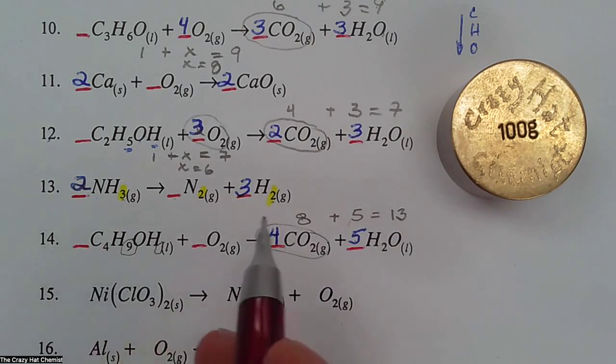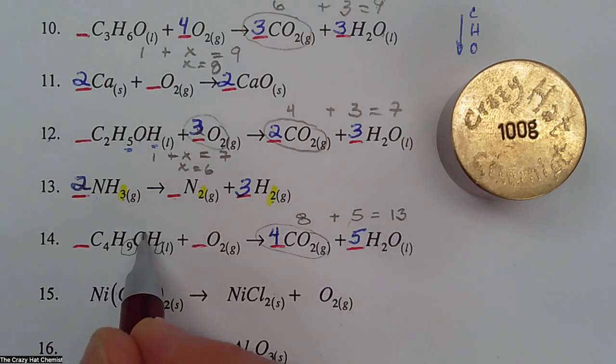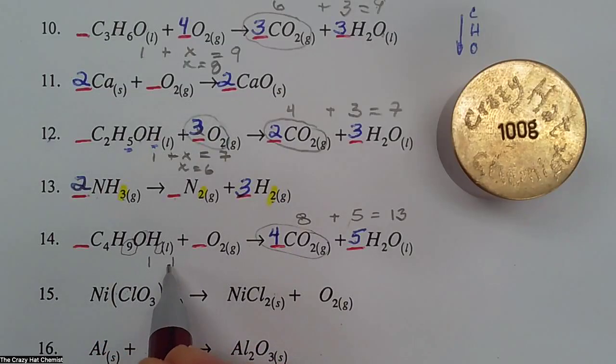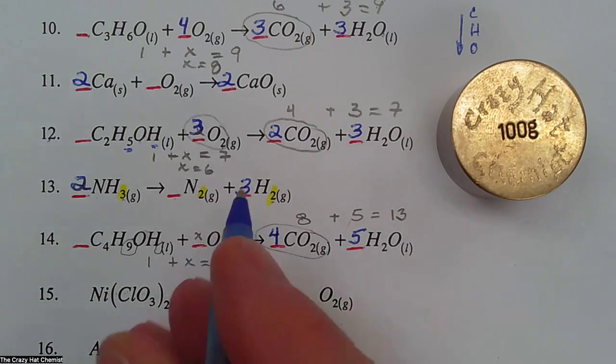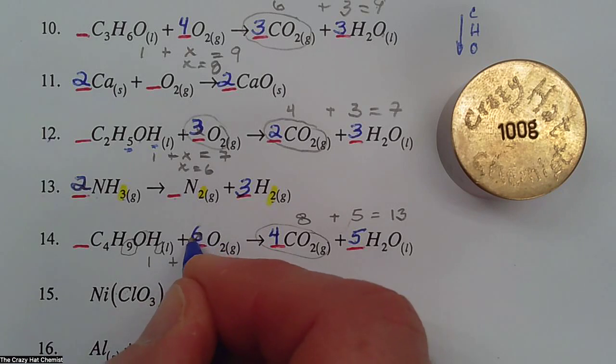So now what we need to do is look at this oxygen right here. There's 1 oxygen here in this, and that's 1, plus what number is equal to 13? So I'm going to solve for X. That equals 12. So I want 12 oxygens to be here. That would be a 6.